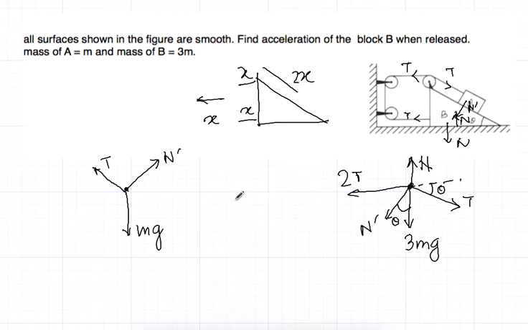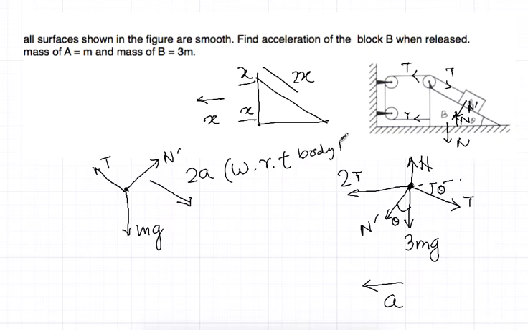So if the acceleration of this body in this direction is a, then the acceleration of body A with respect to body B is 2a.